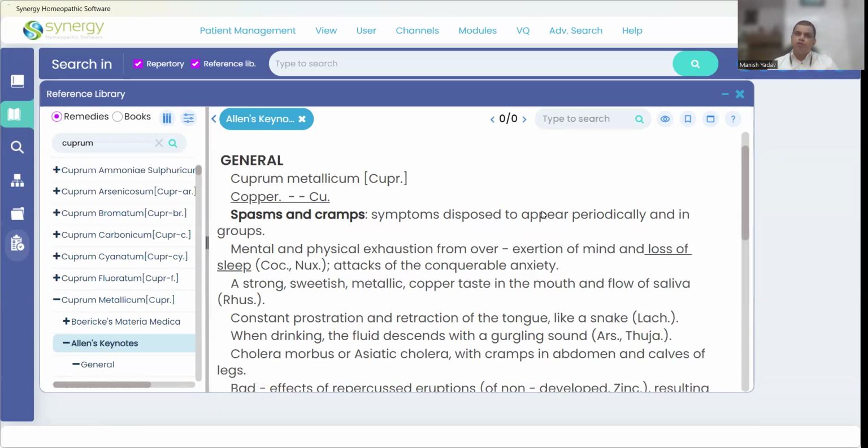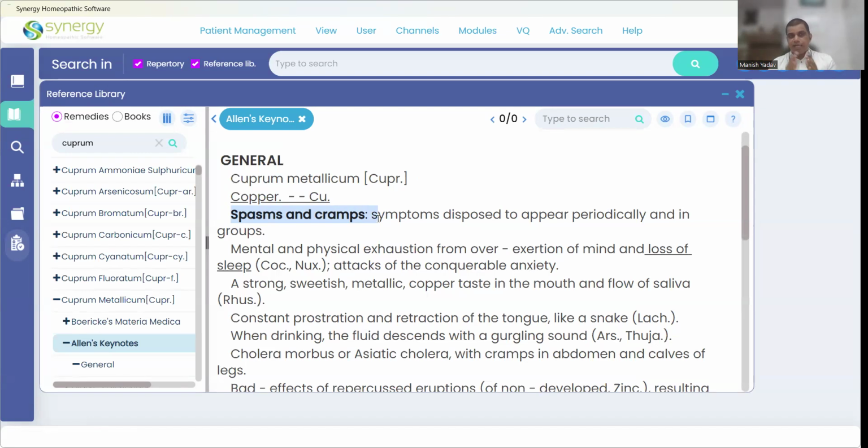The patient might come to you with colic, but at the same time you will see spasm in the jaw, cramps in the muscles, cramps in the calves. He periodically has this. As I said, it is bold in italics, so spasms and cramps is the keynote feature. The kind of pain is spasmodic. Now what is spasm? What is cramp? It comes and goes.